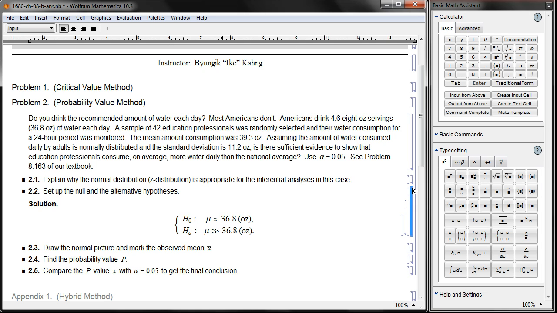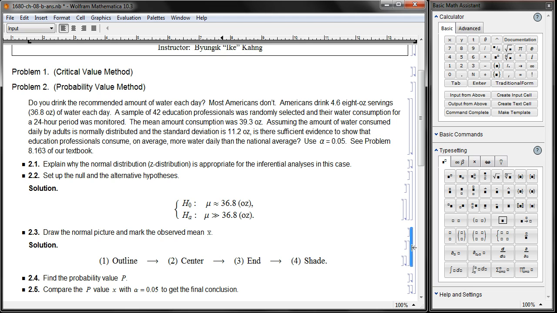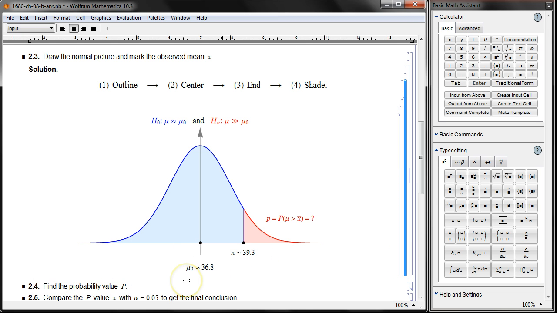Okay, now that the hypotheses are set up, let's go over to the picture. How do you draw the picture? Here is the general process. Outline, center, end, and finally shade. The outline, draw the normal picture, going up and down, symmetric, unimodal, and so on and so forth. What's the center? The center should be the null, 36.8.